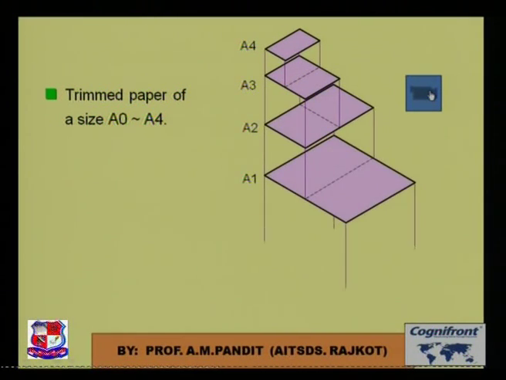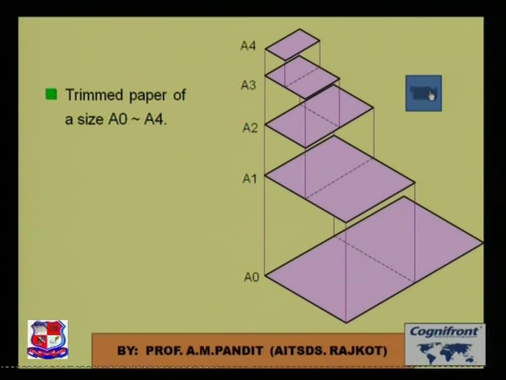A4 is the ideal paper which we have seen everywhere. A3 is double A4, A2 is double A3, A1 is double A2, and A0 is double A1. It is multiplied by 2.